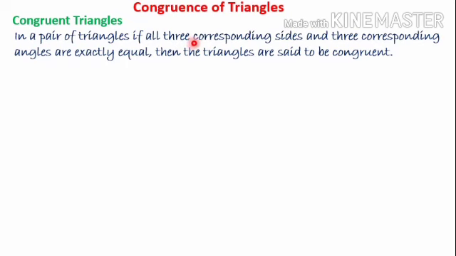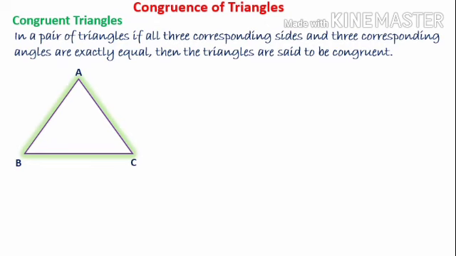Here, the words corresponding sides and corresponding angles have their own significance that we will discuss later on. If you consider a pair of triangles, that is two triangles, there are 6 parts, meaning 3 sides and 3 angles. Consider a triangle ABC and another triangle DEF.